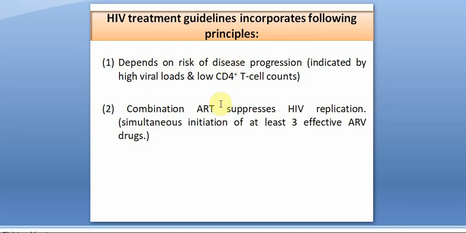Next, a combination of antiretroviral treatment suppresses HIV replication. If a patient is given a combination of drugs, usually three drugs will be given in combination. Three antiviral drugs, ARV means antiviral, are usually given in combination in the treatment of HIV/AIDS.